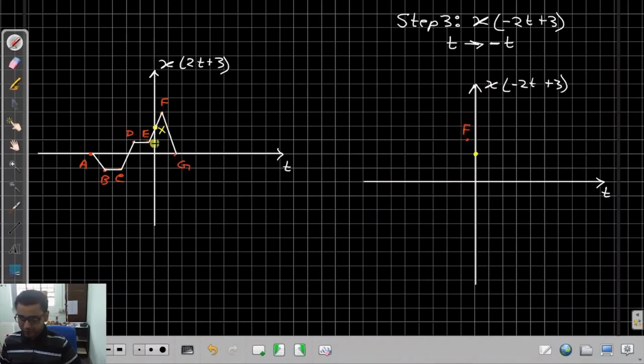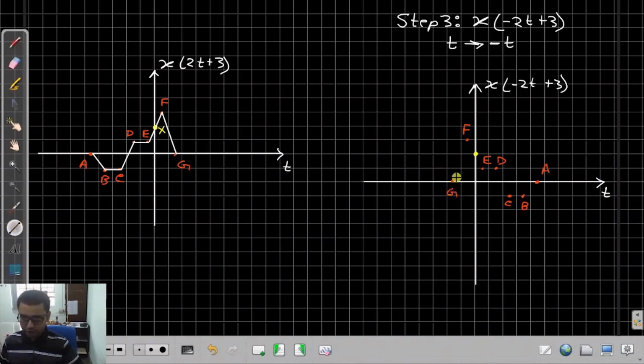Point E will go to the right side. Sorry, it is here. Point D here. Point C here. B here and A here. Point G on the left side.